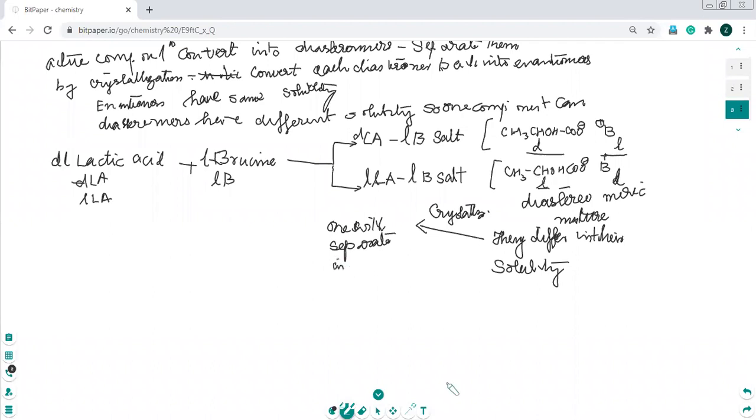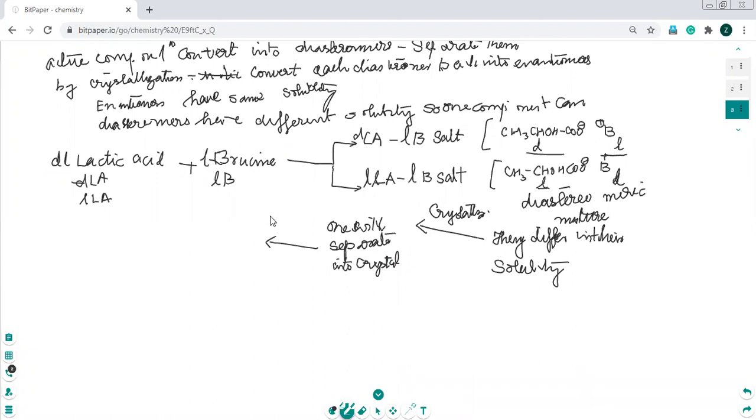Which one? The one which is having low solubility will crystallize out, which separates in crystals. And the other will remain in solution.